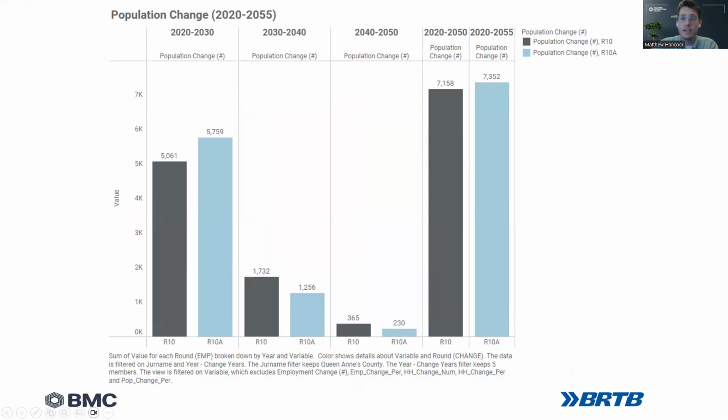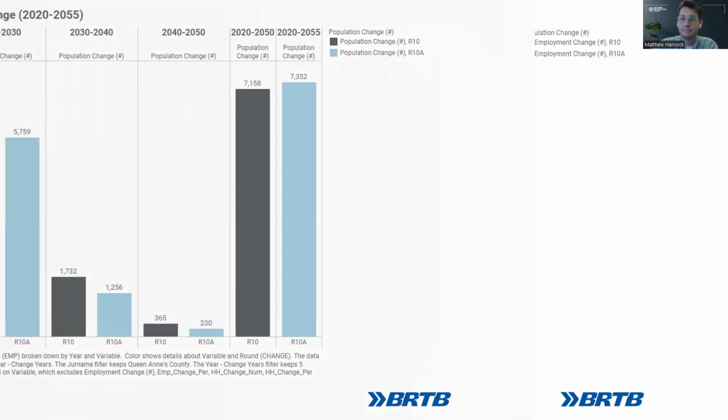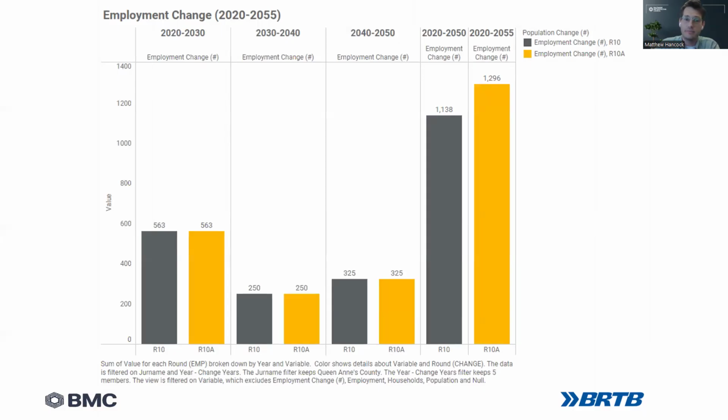So again, we've got increased growth here in that 2020-2030 timeframe, with slightly reduced or moderated growth compared to round 10 in 2030-2040 and 2040-2050. And with employment staying solid or steady across these projections, with that increase seen from 2050 on to 2055.